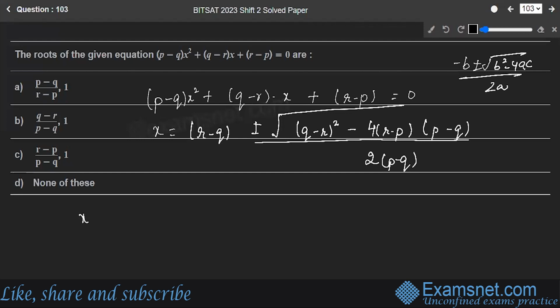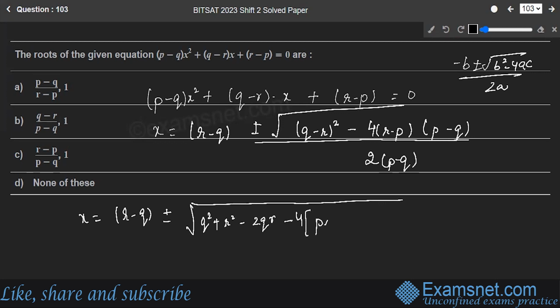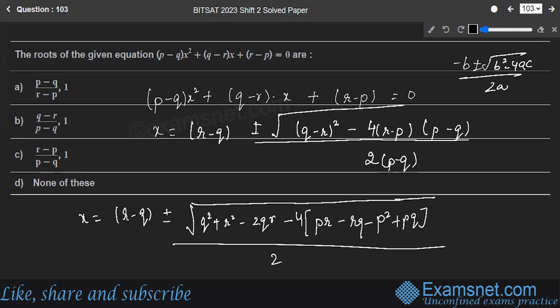This gives me x is equal to r minus q plus minus root of, opening the brackets, q square plus r square minus 2qr minus 4 into (pr minus rq minus p square plus pq), whole thing divided by 2(p minus q).